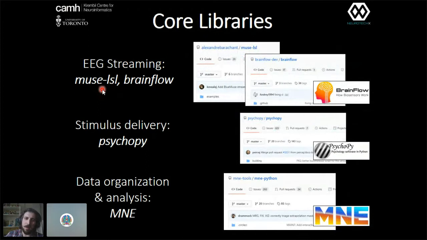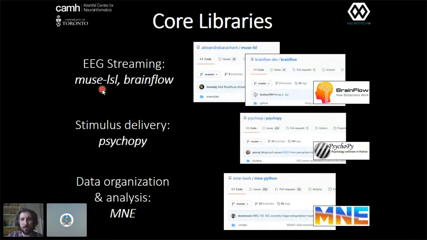The other library that we're now depending on, and this is one of the major developments that's come in the last, is it a year, maybe more than a year now, but pretty recently, is a great library called BrainFlow that's developed by a fellow named Andrei Parfenov and a number of other colleagues.